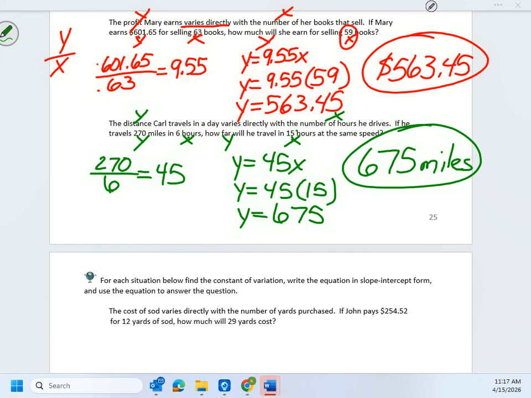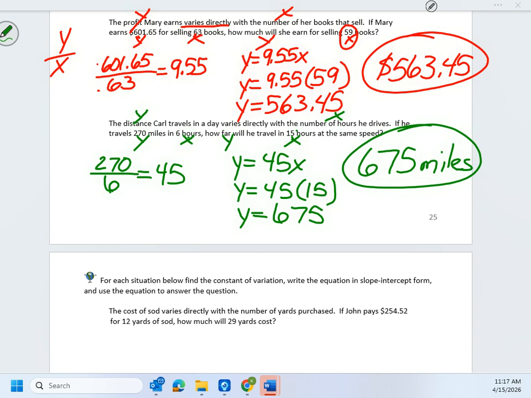Now, who is noticing the little details I'm doing here? That will help when you are correcting your homework, and it will help when I am correcting on the test. What do we notice that I'm doing? Emily? You circle your answer. I rewrote it with my measurement, or my label, right? Miles.